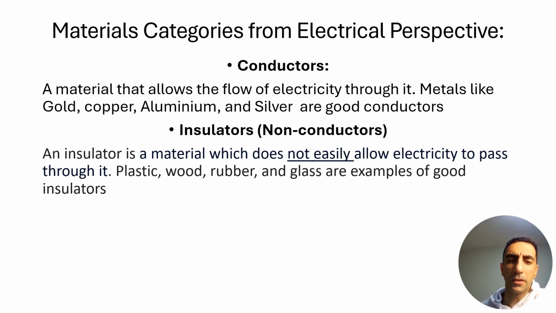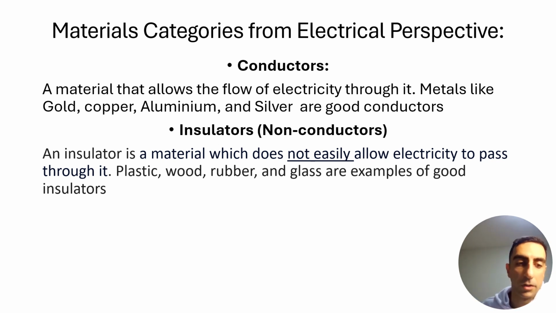I could have said does not allow at all, but each insulator has a breakdown voltage. Based on the intensity of that insulator, it has a breakage voltage. We're going to learn that meaning in this course.